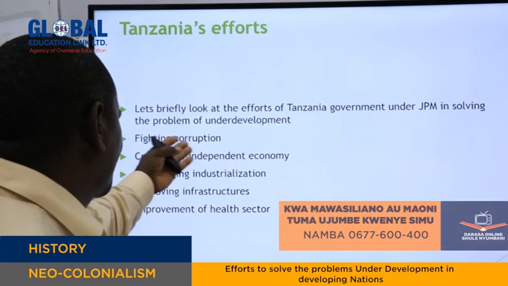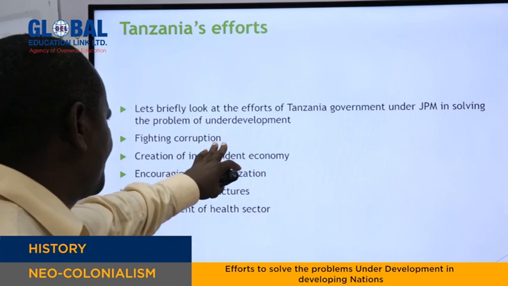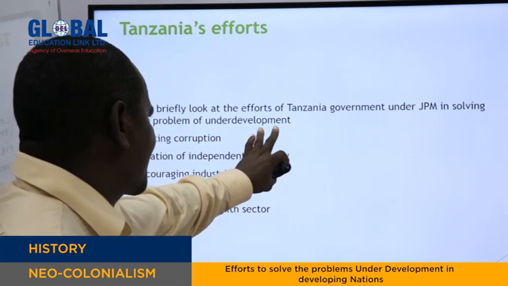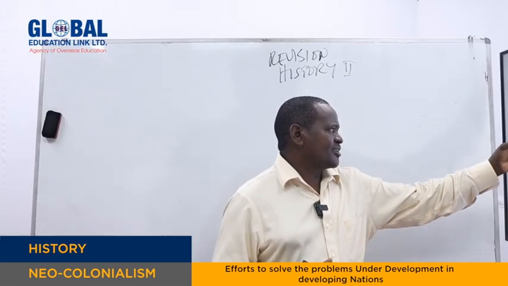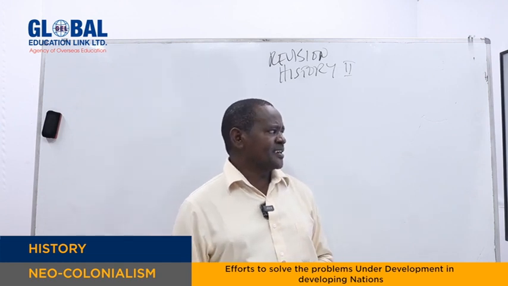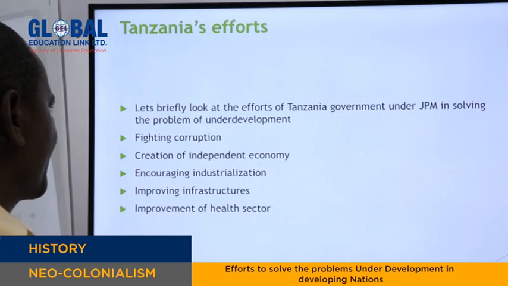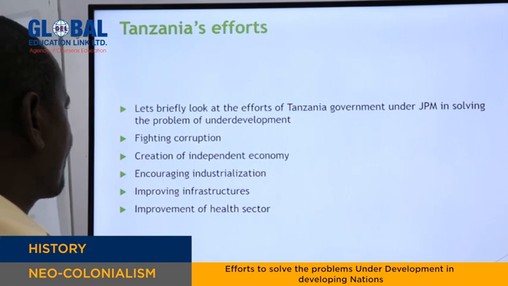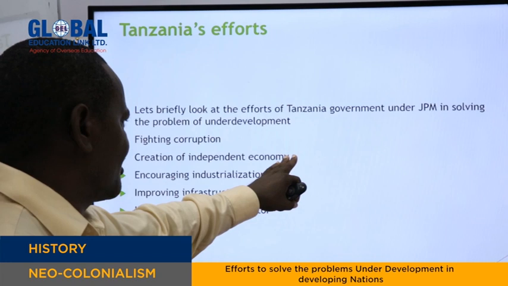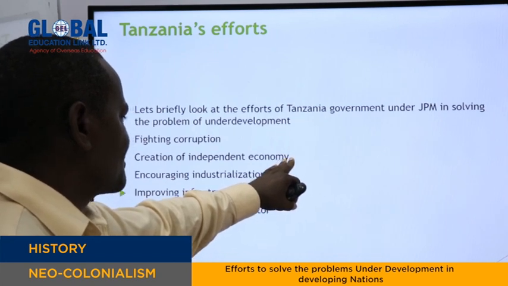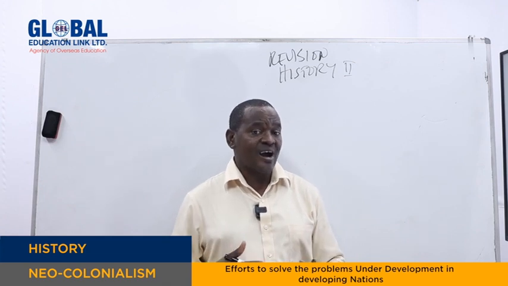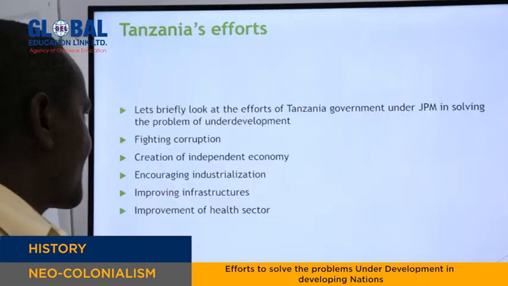Let's look at fighting corruption. Tanzania has dedicated itself to fighting corruption as one of the problems which affect third world countries so much. Of course, several cases have been opened, some people have been taken to trial, and others have been prosecuted. Also, creation of an independent economy. The government is trying a lot to generate money through collection of taxes, money from internal resources, to avoid economic dependence on the developed countries.